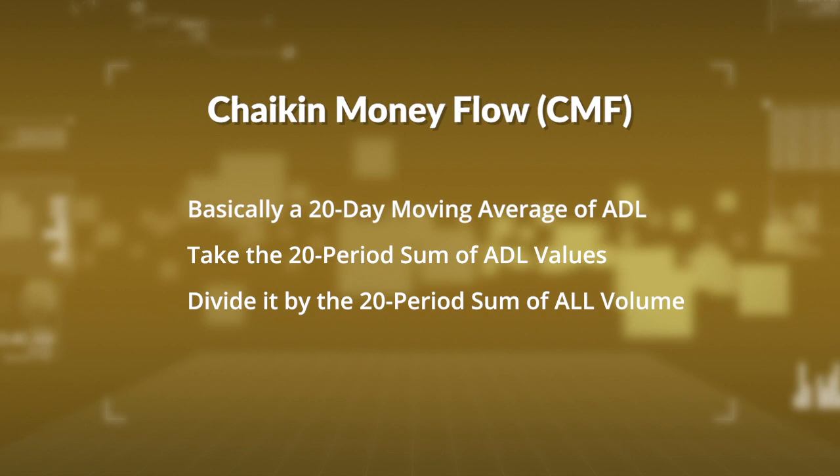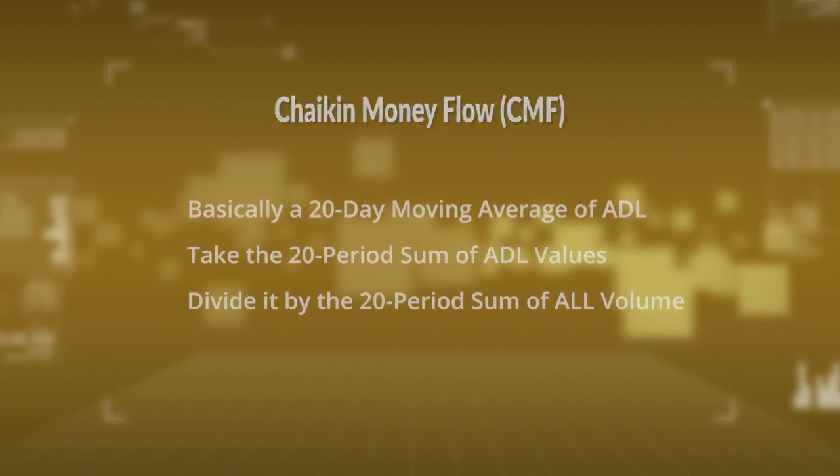So you take the 20-period sum of all those ADL values, and then you divide it by the 20-period sum of all the volume. And that's where you get your Chaikin money flow. So it's basically a 20-day moving average of the accumulation distribution line. All right, not too bad, not too hard.